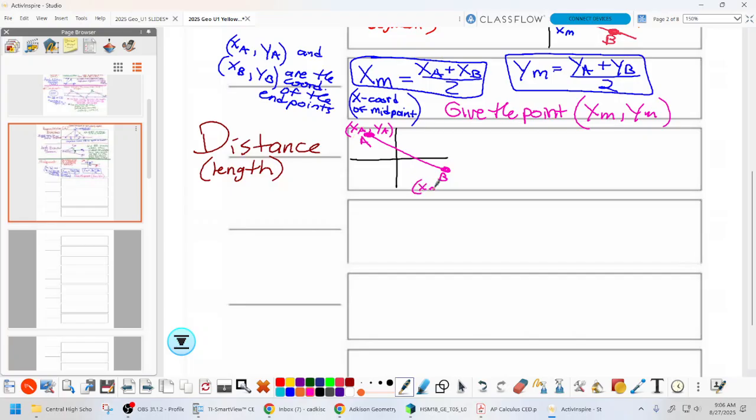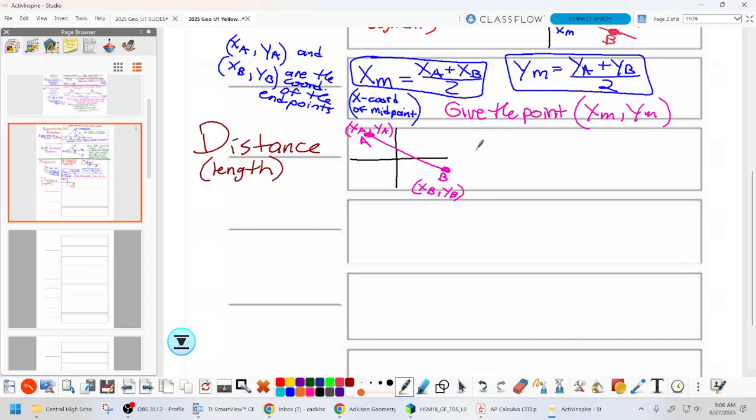And then xb, yb, the coordinates of that point. Okay, so 2 points, each one has an xy coordinate.